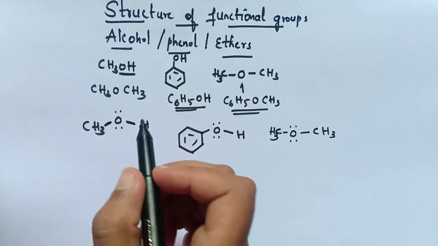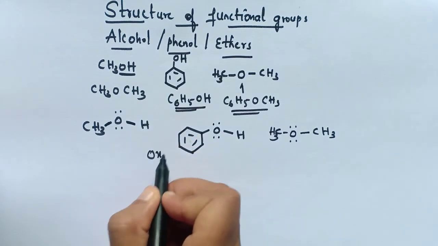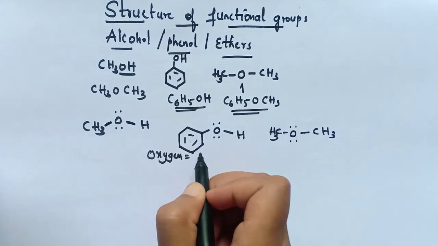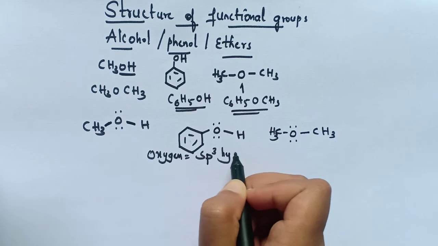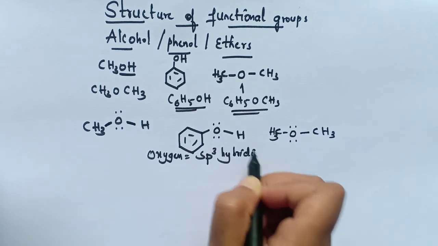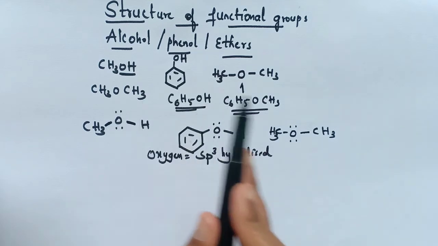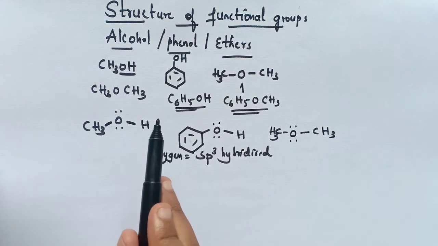So the oxygen here becomes sp3 hybridized due to the presence of 2 lone pairs and 2 bond pairs of electrons. In all 3 cases, in alcohols, phenols and ethers, the oxygen is sp3 hybridized only.